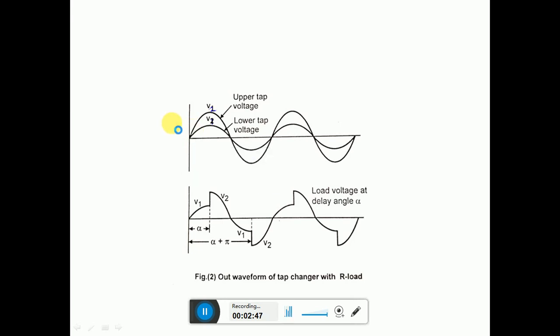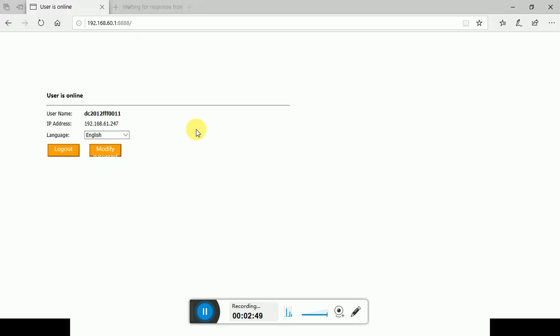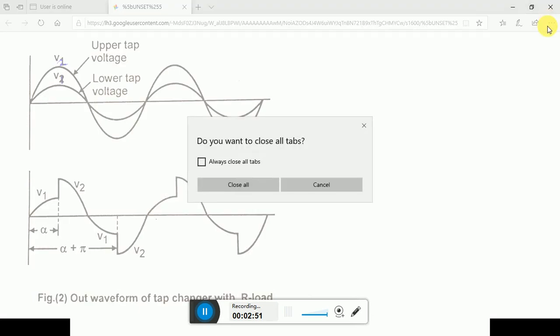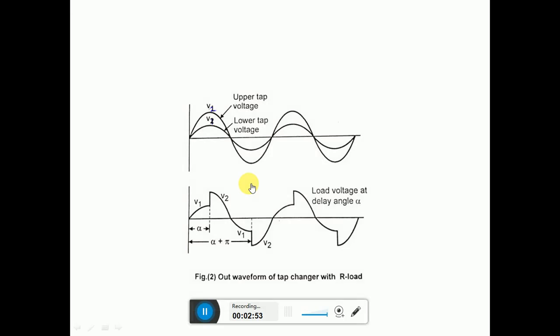Similarly, when switch 2 is on, we will get V2, which is more than V1. This is the upper tap voltage and this is the lower tap voltage.